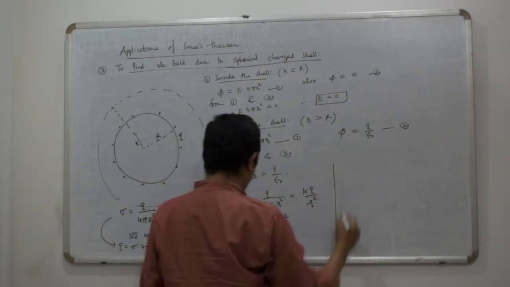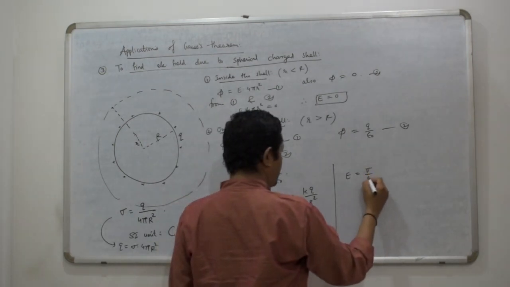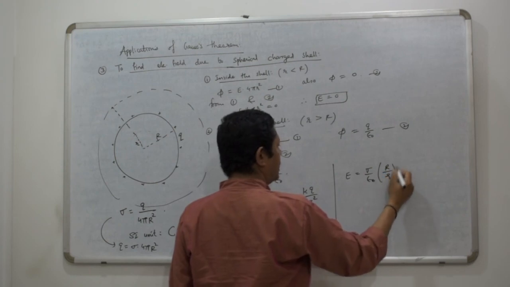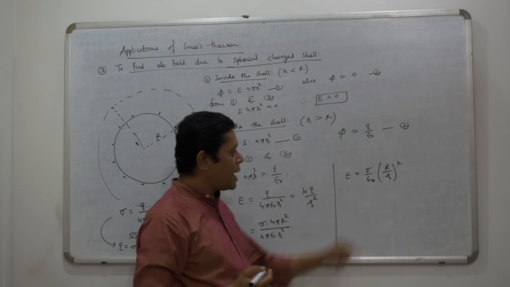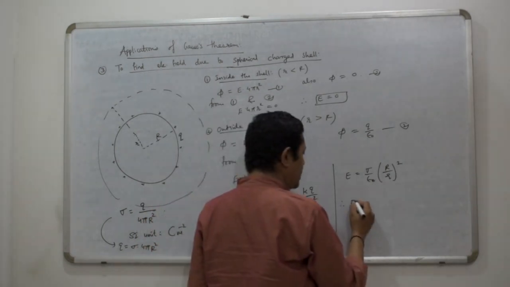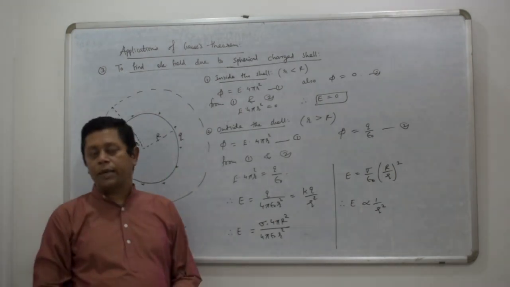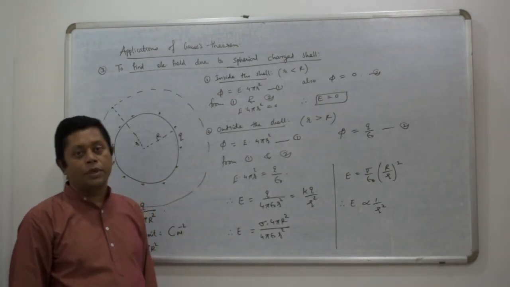So the electric field equation will be E is equal to sigma by epsilon 0 times capital R square by small r square. Sigma, epsilon 0 and capital R are constant, so E is inversely proportional to r square. Electric field due to this charged shell outside it is inversely proportional to r square.